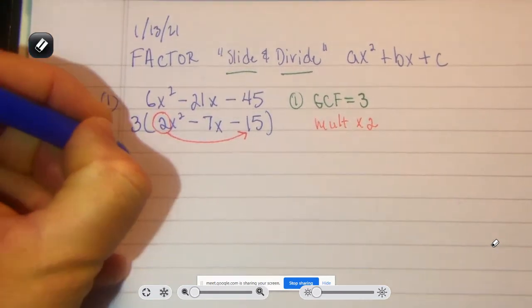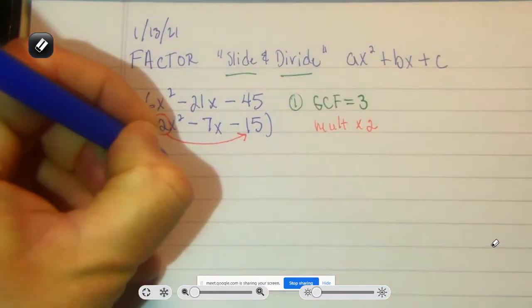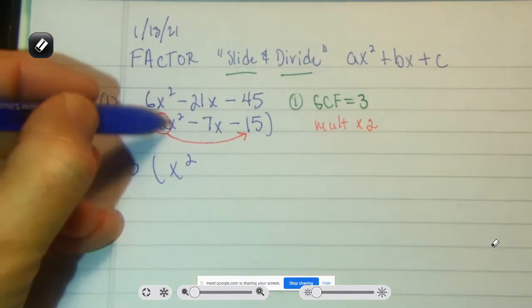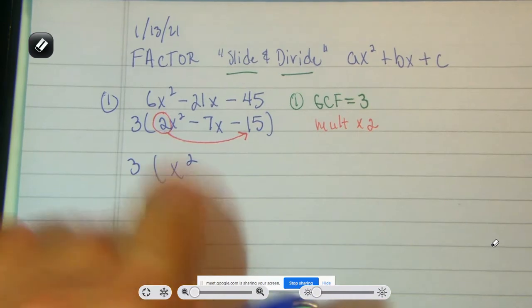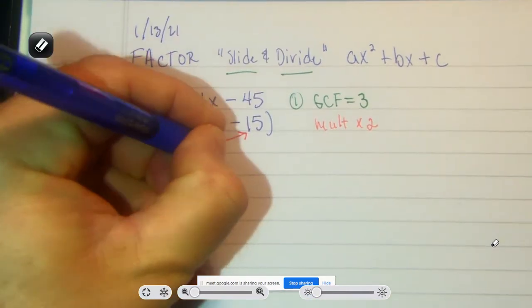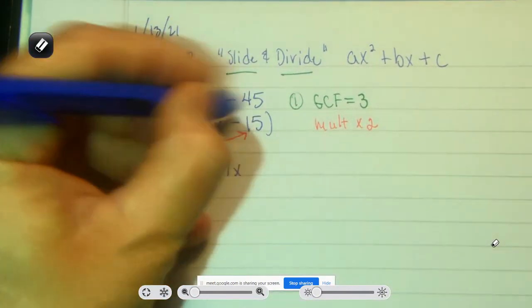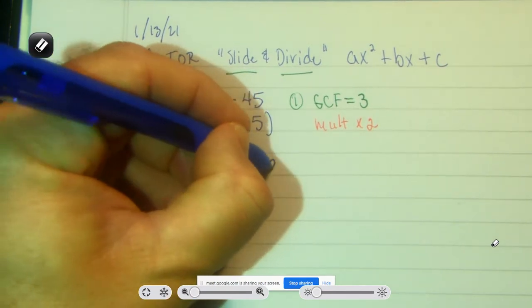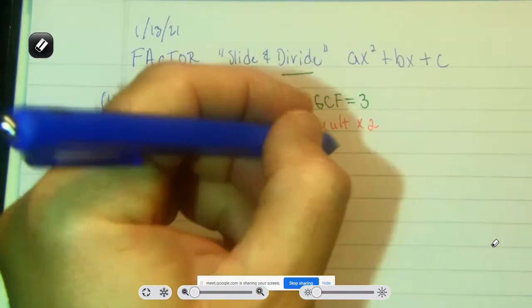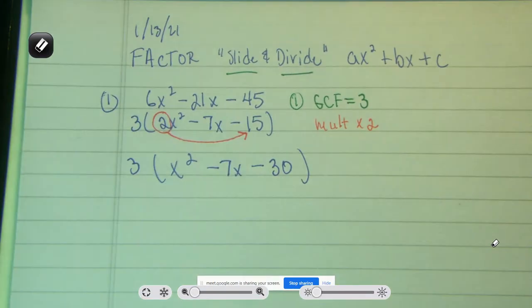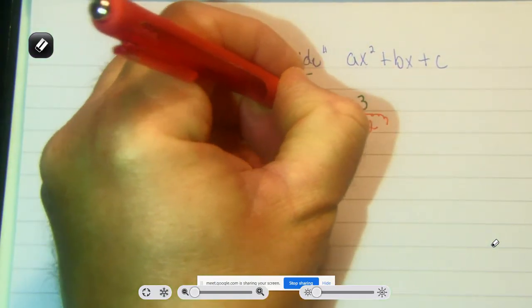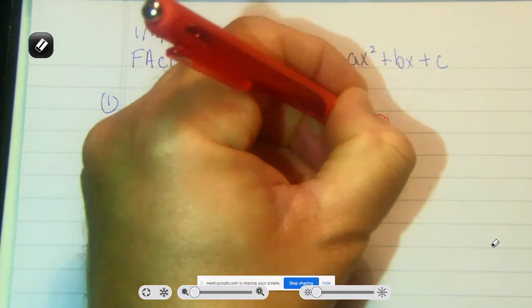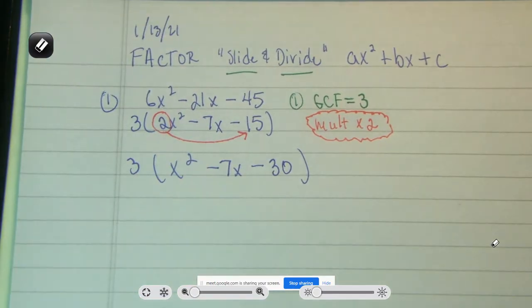It's going to be x squared, and when I slide it away there's no coefficient now, minus 7x, and 2 times 15 is 30. So it becomes x squared minus 7x minus 30. I've got to remember that I multiplied by 2, and of course, I can look back to the coefficient to remember that.